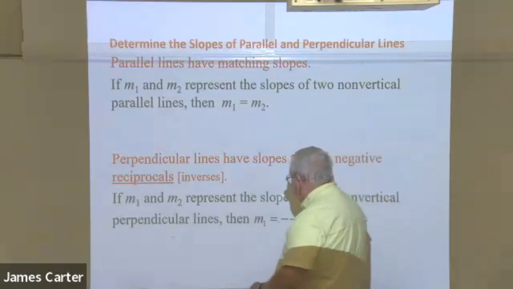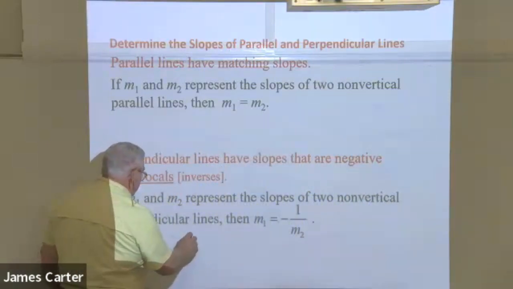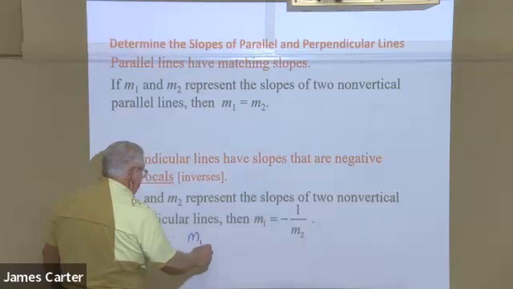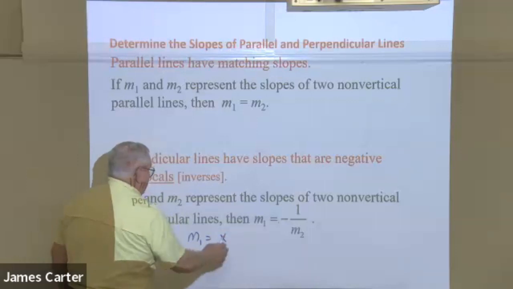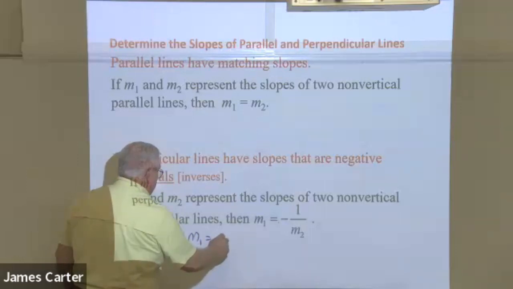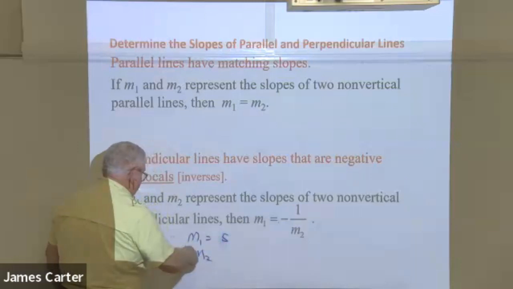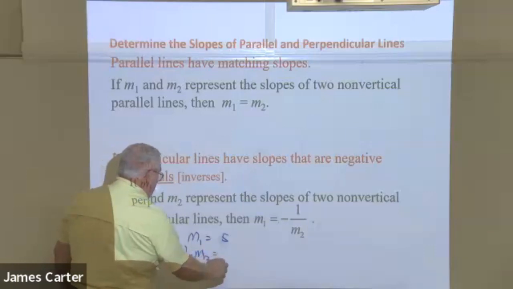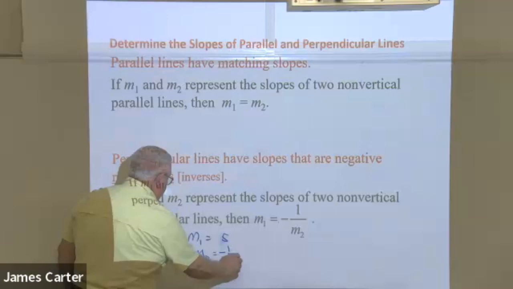I prefer, instead of the way they showed it, to say if slope number 1 is, let's just pick a number, 5, then slope number 2, which is perpendicular, and that's kind of the perpendicular symbol, would be -1/5.